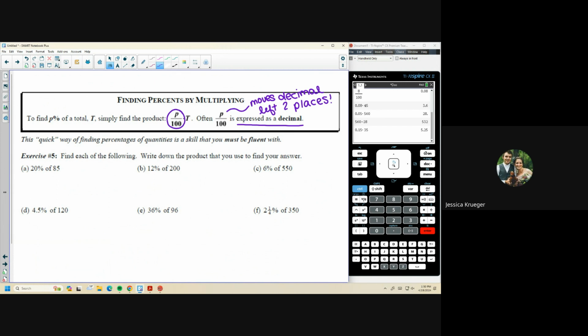So down here, if I want to find 20% of 85, I start by putting my decimal in 20 and moving it back 2 places. That would be 0.20 times 85. I can go ahead and enter that into my calculator.